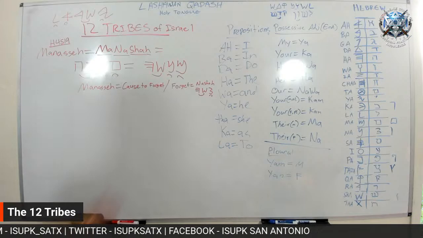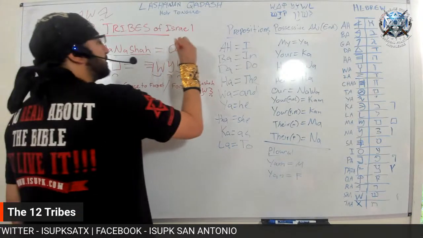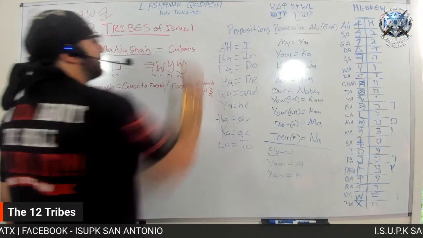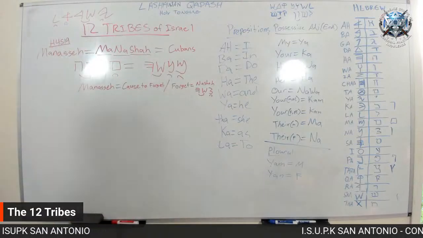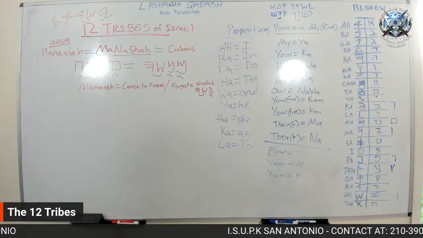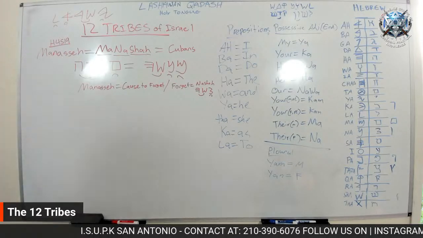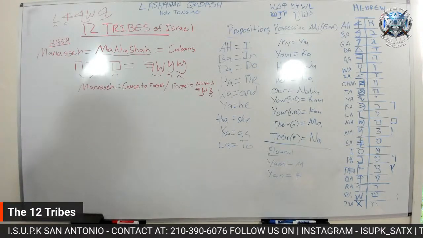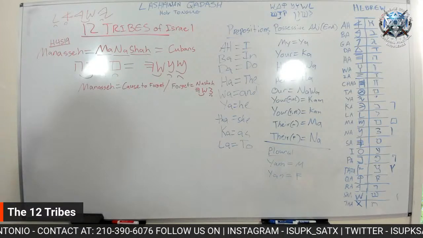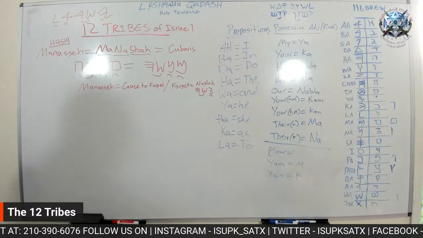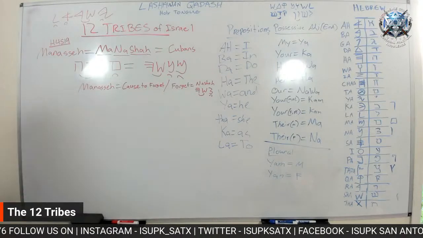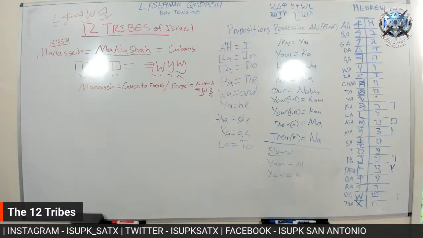We, of course, know Manasseh to be the Cubans, which is why Puerto Ricans and Cubans are kind of like siblings. They're like siblings within the nation of Israel. They actually have a lot of similarities as well. So the Cubans, of course, now we know from Cuba, they actually have been isolated from a lot of the other tribes.